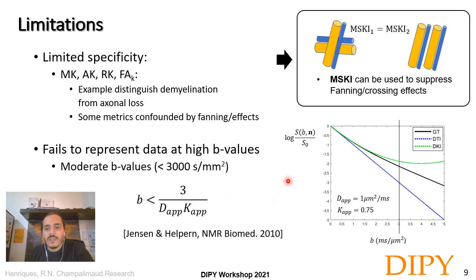For example, if you assume diffusivities around 1 micrometer squared per millisecond and kurtosis values around 0.75, you should use a maximum B value not larger than 3,000 seconds per millimeter squared.